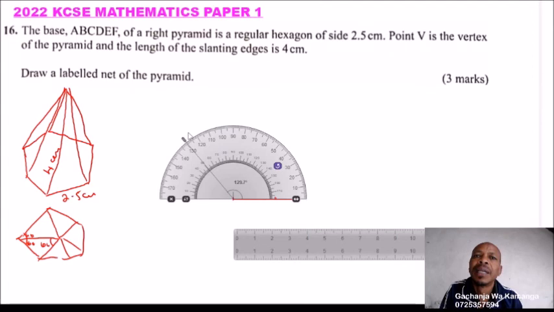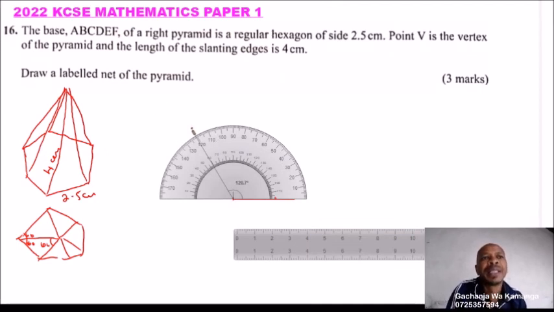Roughly, so let's say that is where we have angle 120.